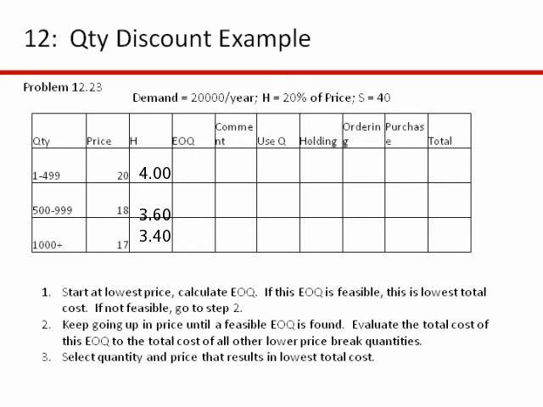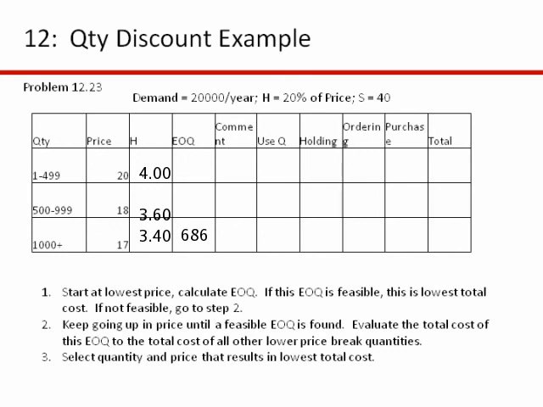Okay, so now step 1 says we start at the lowest price. We calculate the EOQ, which is the square root of 2 times 20,000 times 40 divided by $3.40. And you get 686 as your EOQ quantity. Now here is where you ask, can I buy 686 units for $17?